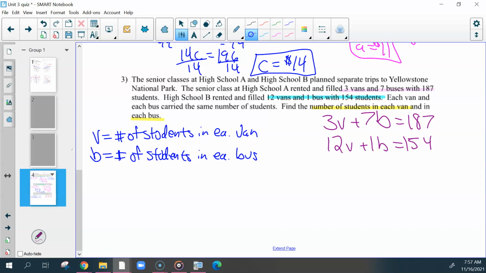I saw a few substitutions with this one and some eliminations with this one. It was, again, really up to you, but just so you see a different way, we're going to do this one by substitution.